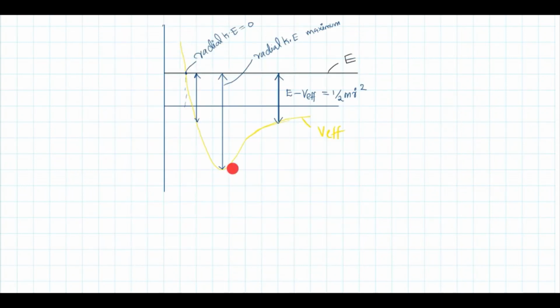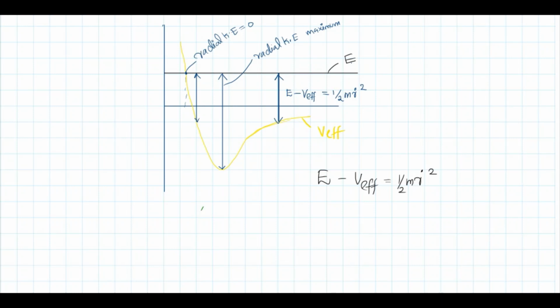Now from the effective potential graph, we can obtain a value for the radial kinetic energy like this. You have the effective potential graph, this yellow one in the case of Kepler potential, and if the total energy is this black line, then this is total energy, this is V effective, and we know that E minus V effective is half m r dot square. So at any value of r, if you take the difference between these two, you will get the radial kinetic energy.